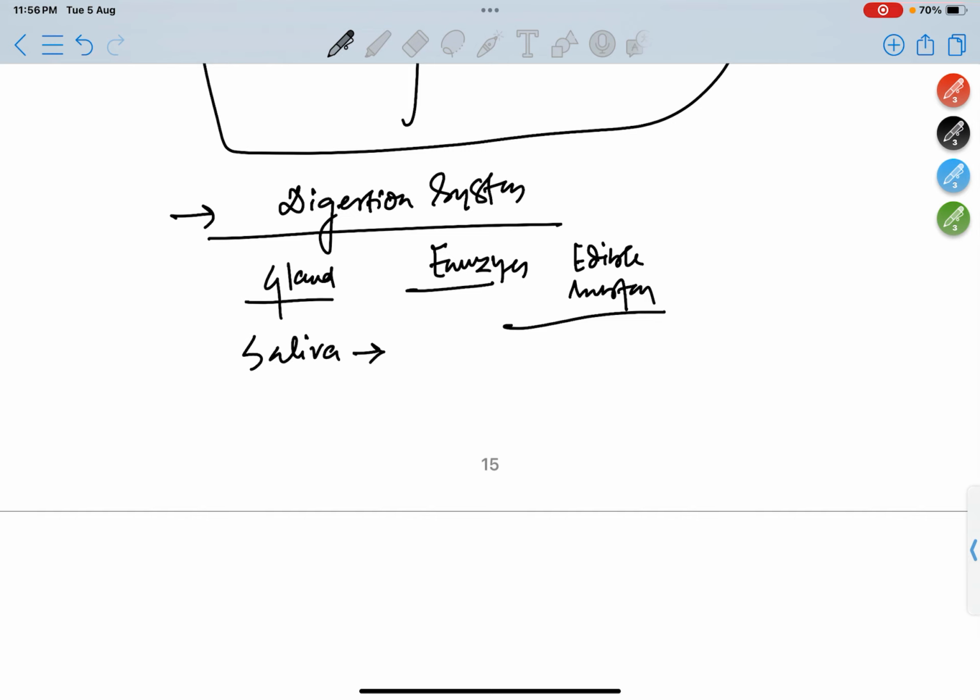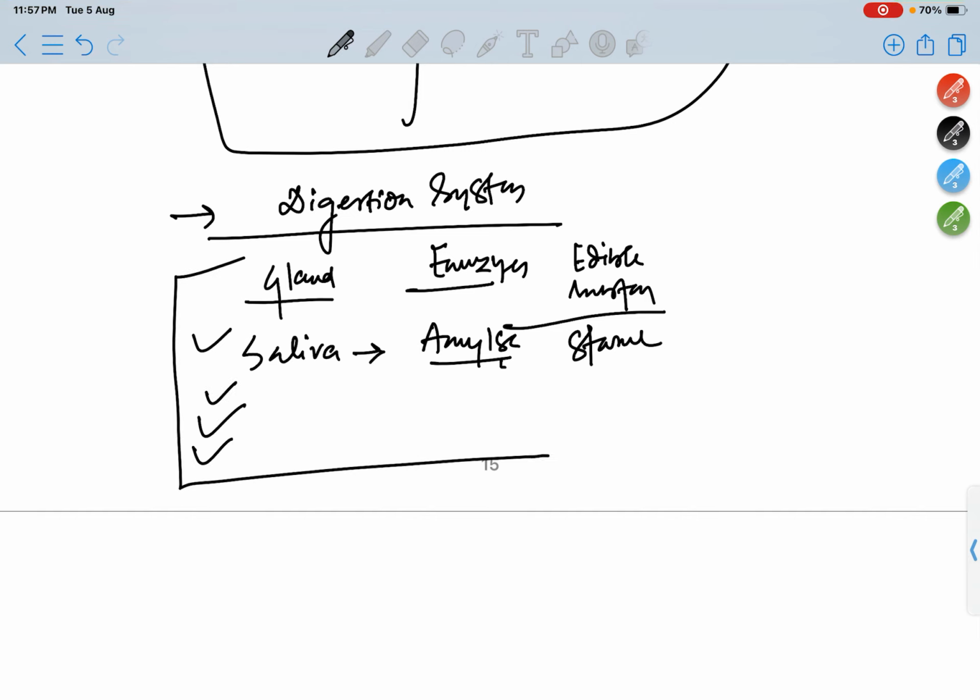Saliva releases which type of enzyme? It is amylase. So you should know. And this amylase helps to break down which type of food substance? It is starch. In this way you should know about saliva, gastric juice, pancreatic juice, intestinal juice. Everything you will find in Lucent. You just remember this table.